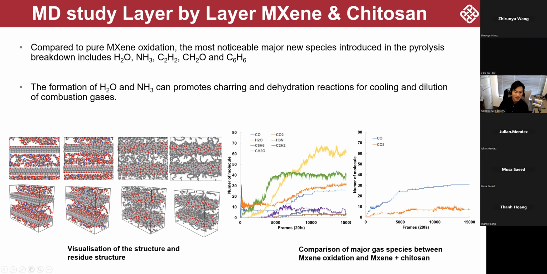So here's what we find. Obviously, we formulate the carbonaceous compound for the char layer, and the titanium oxide for further reduction of the fire. And you can see that almost little to no hydrocarbon is formed during this process with the unique combination of MXene and chitosan.